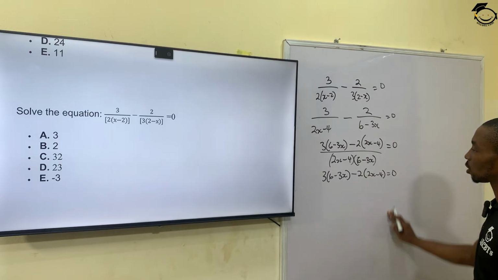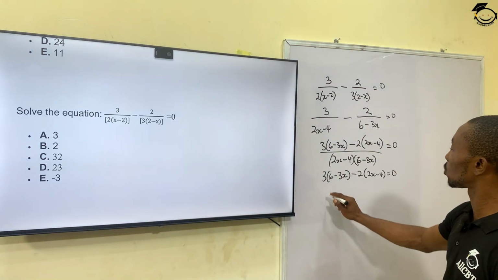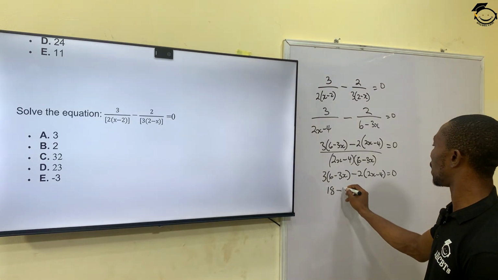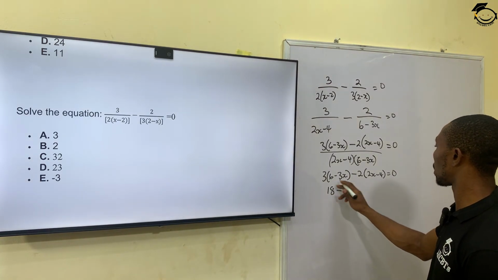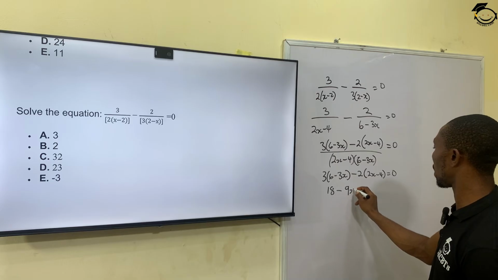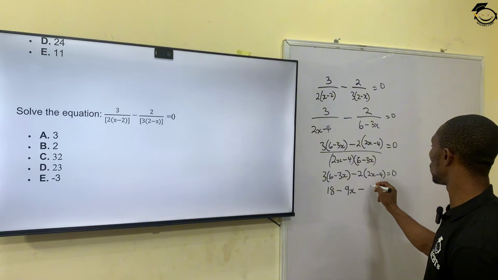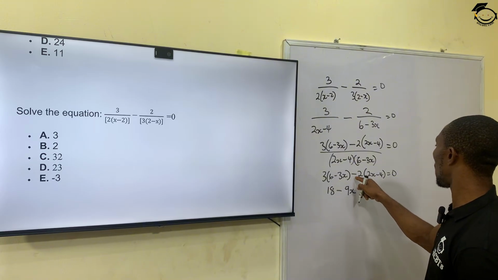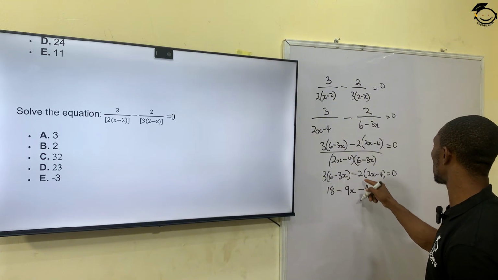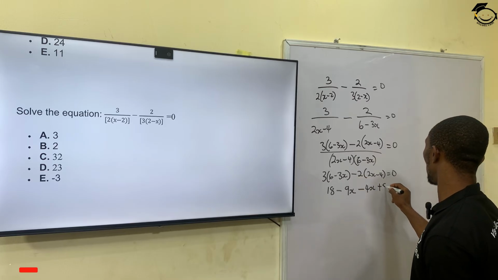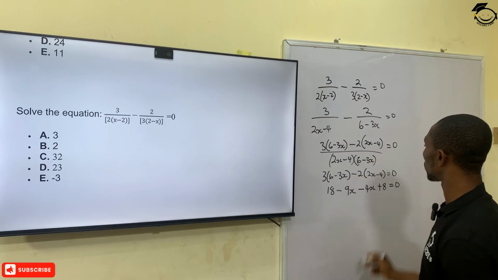Now, expanding this bracket, 3 times 6 will give us 18 minus 3 times 3, 9x. Now, minus 2 times 2, 4x, and minus times minus gives plus 2 times 4, 8 equals 0.